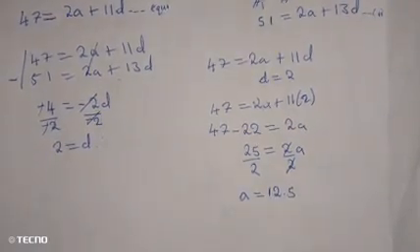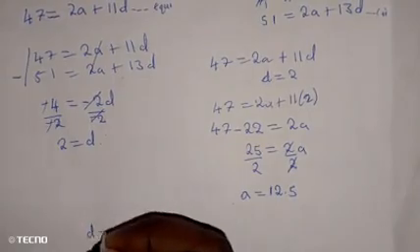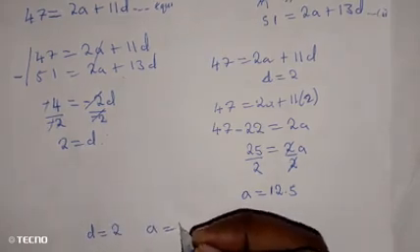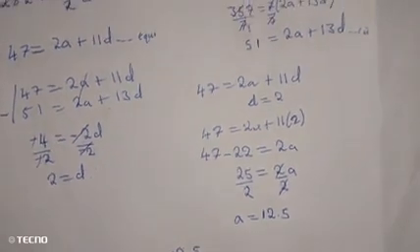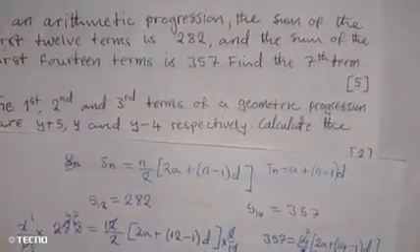So we are saying that d is equal to 2, and the first term is equal to 12.5. Now the question is to find the seventh term.